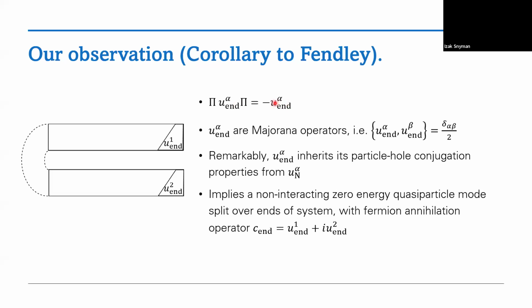So they change the fermion number by one. As I said before, they are Majorana operators. So we have two of these constructed Majoranas.